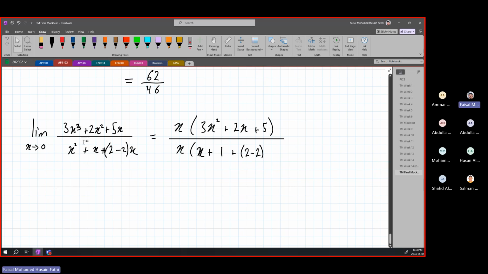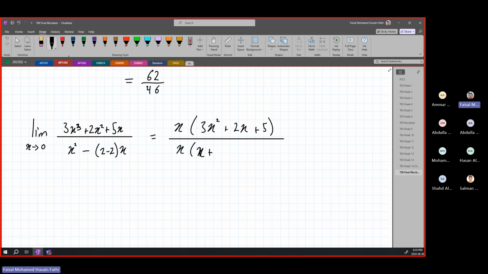Let's remove this x. And then let's keep it this way. Then usually this will happen with square root. So let's say it's 2 minus 2 times x, like this. If we take the factor, we've gotten 2 minus 2 into x. And we took the factor of x out, so it will remain this way. Okay? So now we can cancel the x up and down, and it will no longer cause the bottom denominator to be 0 when we substitute for x. This is what is meant.